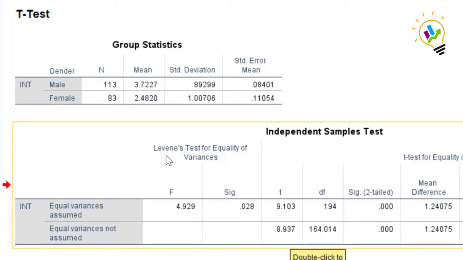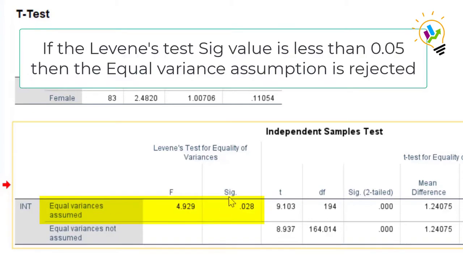It depends on Levene's test for equality of variance. This is homogeneity of variance. We have an assumption here, equal variances assumed. If the significance value is less than 0.05, then we are going to reject this assumption, that is, the equal variances assumed assumption we are going to reject.